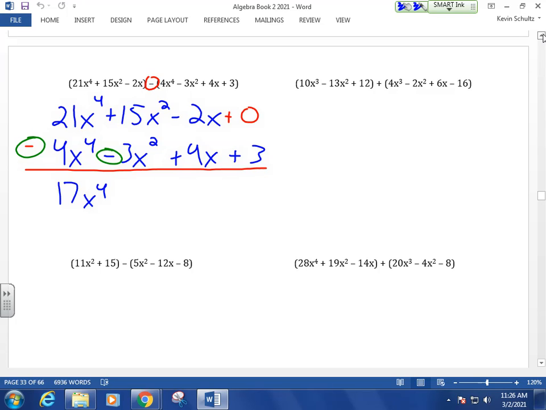Addition, right? So 15 plus 3 gives me plus 18x squared. And then negative 2 minus 4x is a negative 6x. And 0 minus 3 is a negative 3.